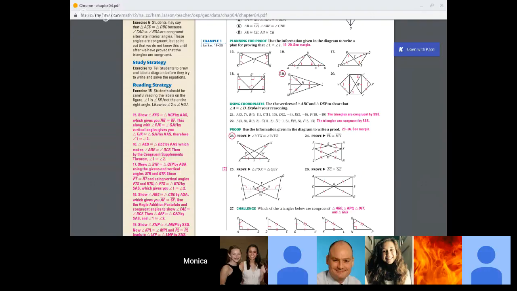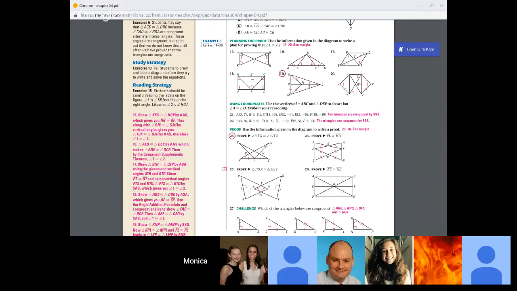Okay. And then basically that's what you'll do for 16 through 20 also. You'll just have to look at it and process: angle, angle, side, then CPCTC. You had to prove the two big triangles first, and then the two small triangles, both of them by angle, angle, side.